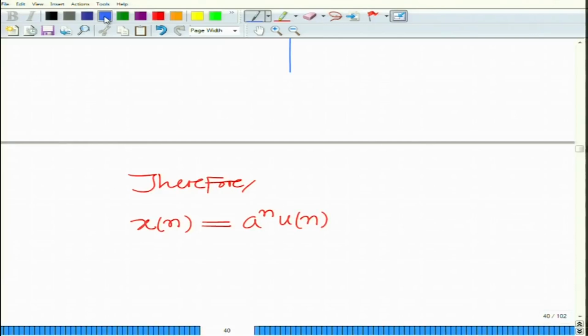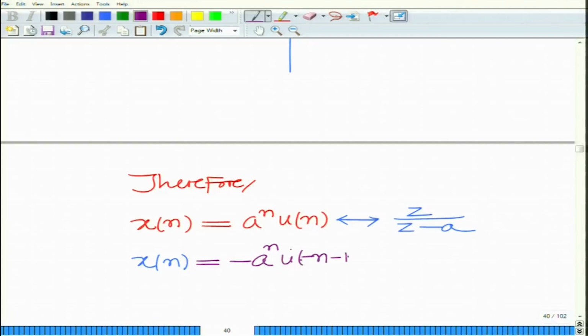x[n] equals a^n u[n] has the z transform z over z minus a, and x[n] equals minus a^n, that is a left handed signal, u[-n-1], also has the same z transform z over z minus a.